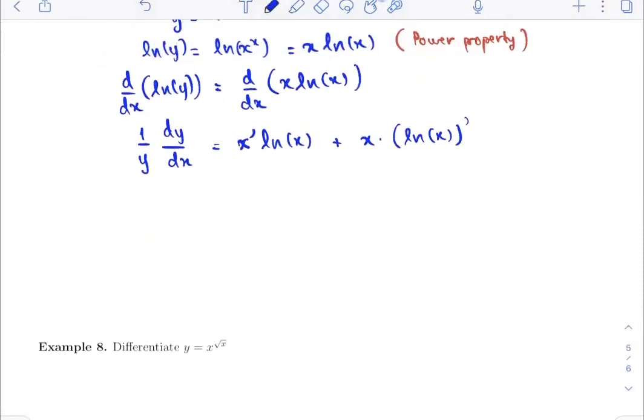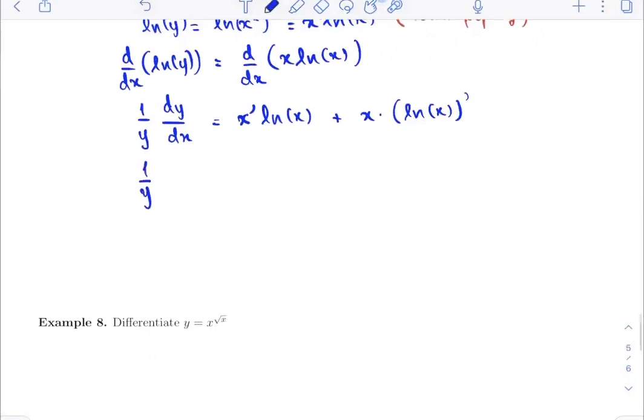Now look at the right-hand side. The derivative of x is equal to 1, and the derivative of ln of x is 1 over x. So I get 1 over y times dy/dx equal to 1 times ln of x plus x times 1 over x. Now we're done with all the derivatives.